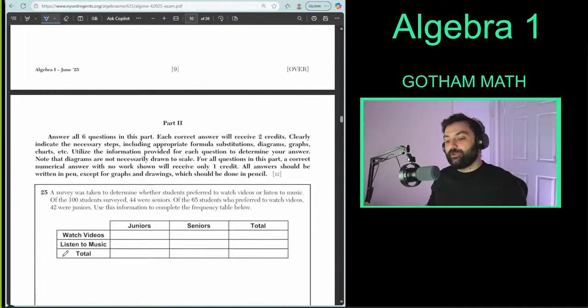We're going to do every single question, and I also go over the sample answers and discuss why one answer got full credit and the other did not. This is the best thing you can do to prepare yourself, especially for August. If you did not pass the Regents, this will be a really good preparation for August.